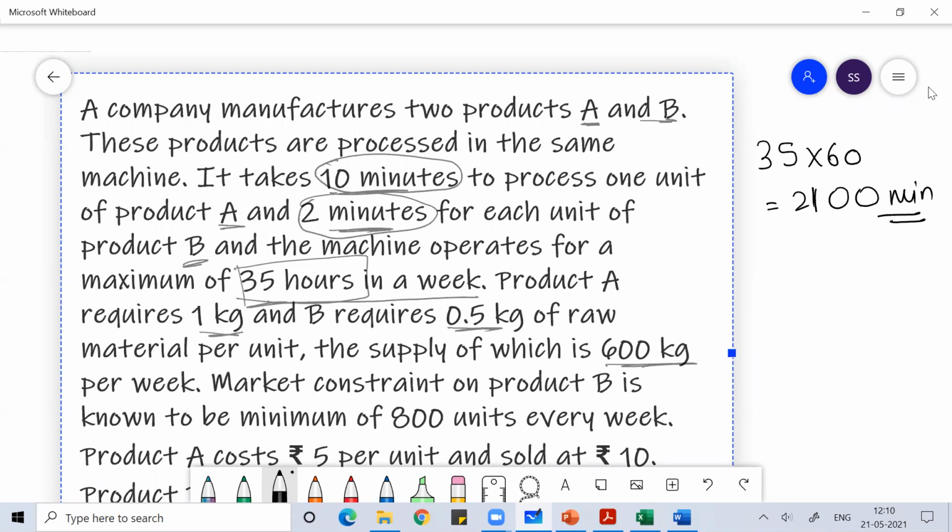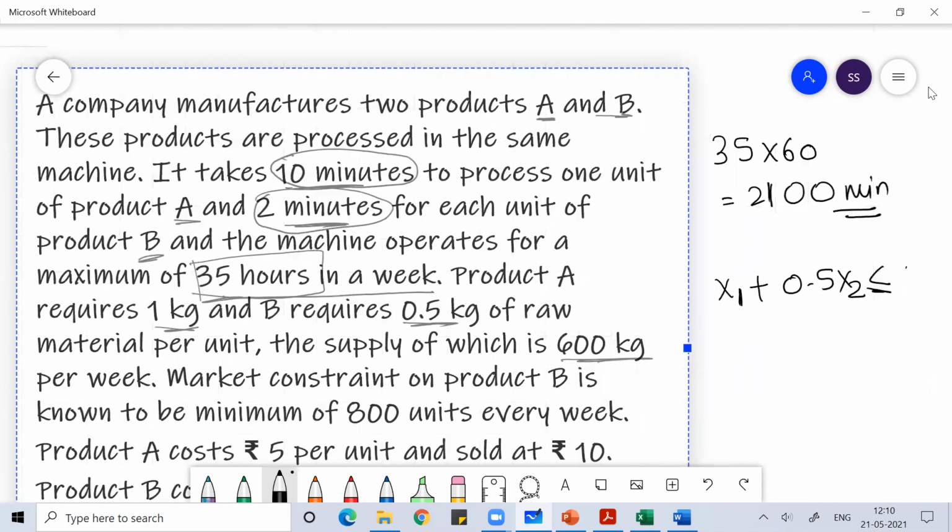So you can create an equation: x1 + 0.5 x2 <= 600, where x1 is the units of product A I will manufacture in a week, while x2 is the units of product B I will manufacture in a week. Like that, I can create an equation.